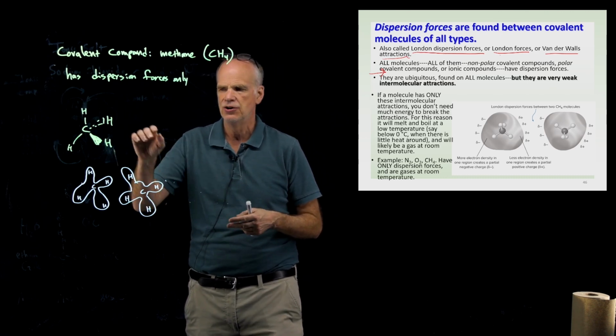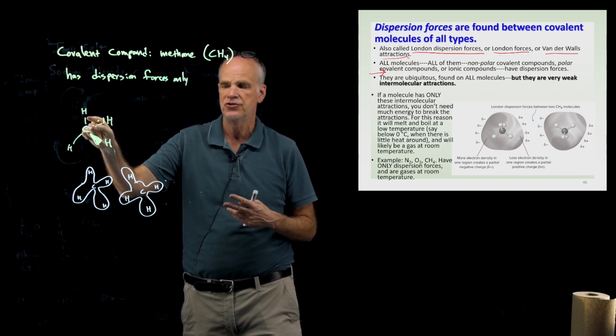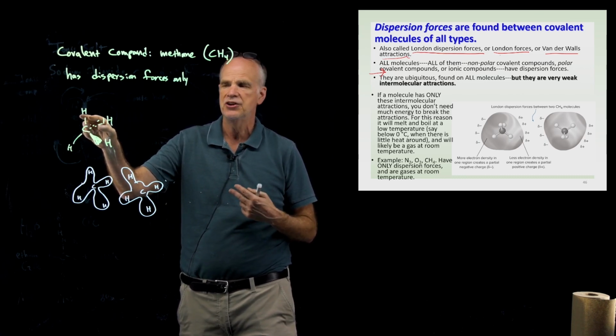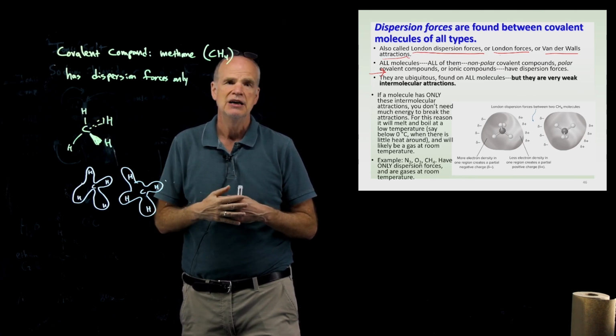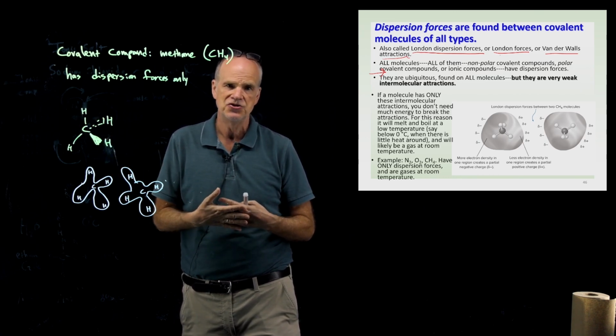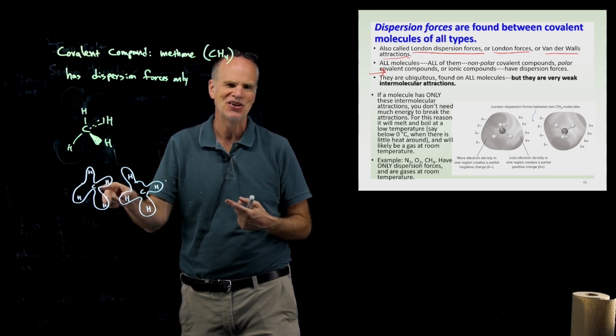But we know that in these bonds are valence electrons. There's two of them. So what we can think about is where the electrons are at any point of time. If you average the locations of the electrons over time, it might look something like this.